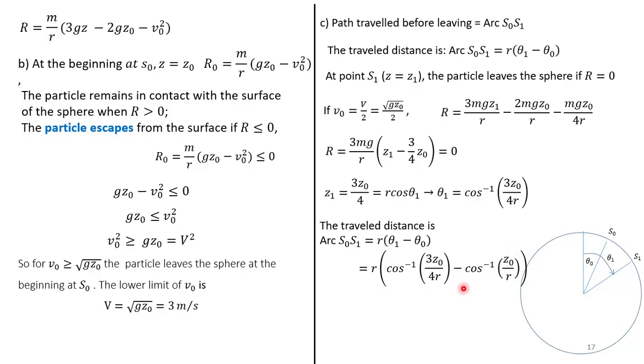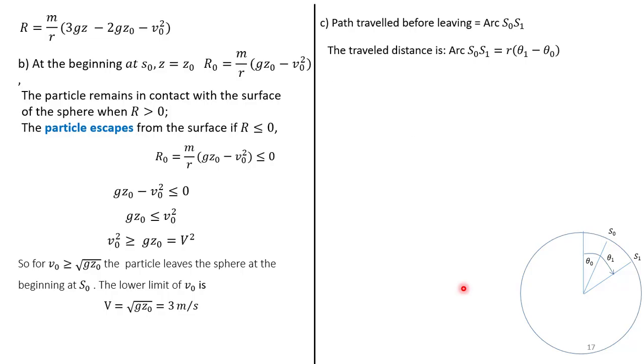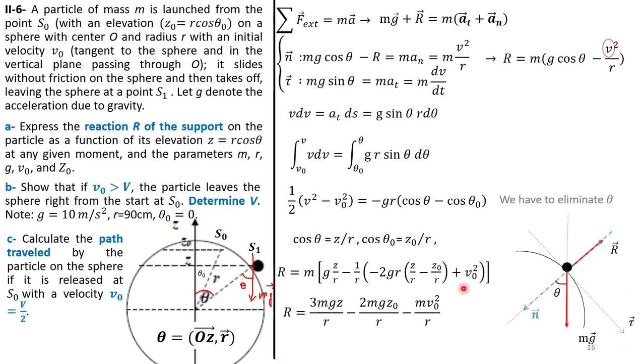So if we want to summarize this exercise, we can see that we applied the fundamental relation of dynamics, or Newton's second law, on the mass m. We used the normal and tangential acceleration because we know that this is a part of a circle.